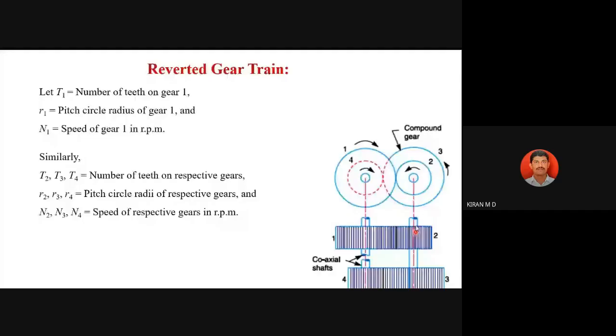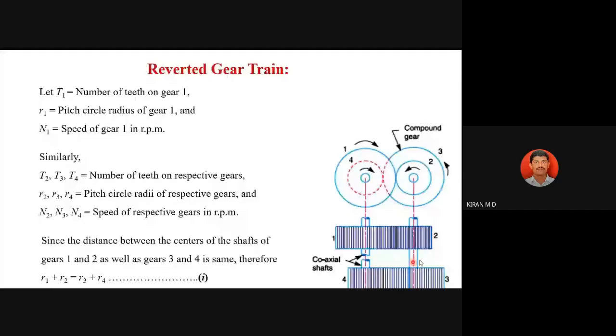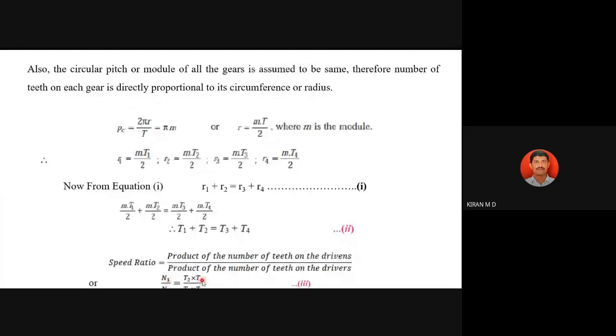When these are mounted on the same shaft, these two get cancelled. So you are going to get the equation N1 by N4 is equal to T2 into T4 divided by T1 into T3. That is the velocity ratio.